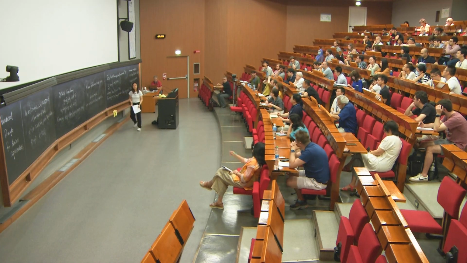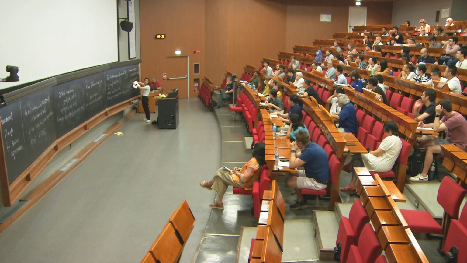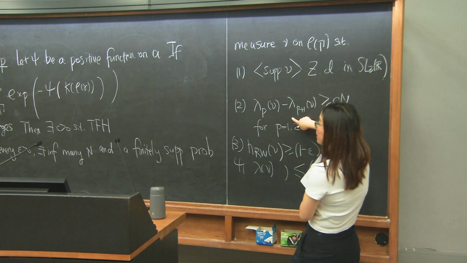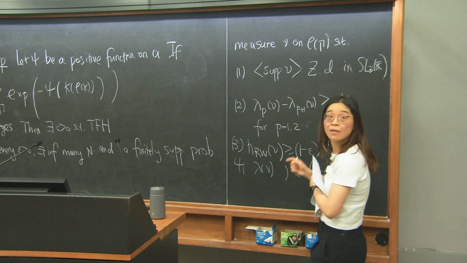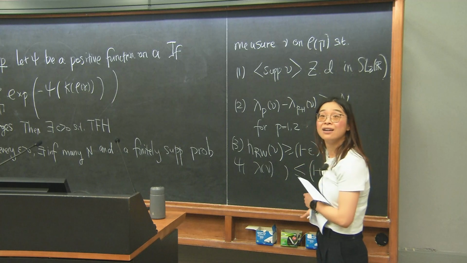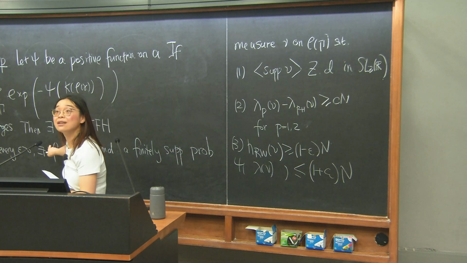Sorry, which line? Line 2 is that I'm comparing p and p plus 1. Yeah, I'm comparing the difference of these two Lyapunov exponents. So the difference is in this scale. How does C play in? Sorry, which C?